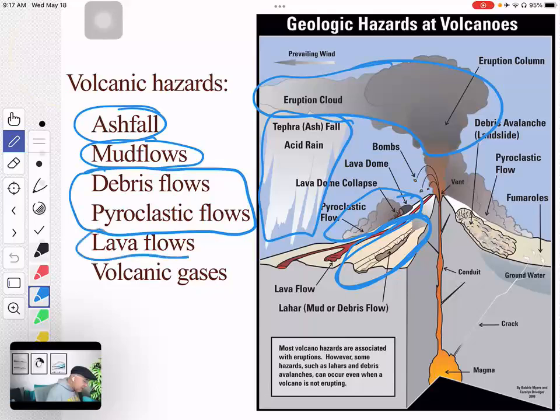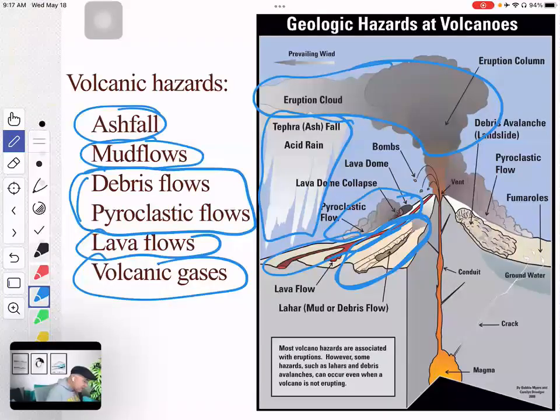Then we have lava flows, which are prominent in fluid volcanoes, and volcanic gases that are associated with the eruptions. Okay, so those are the 5 major groups, because we put debris flow and pyroclastic flows together. There are variations in the amount of fluid and the size of the material that constitute each of those types.